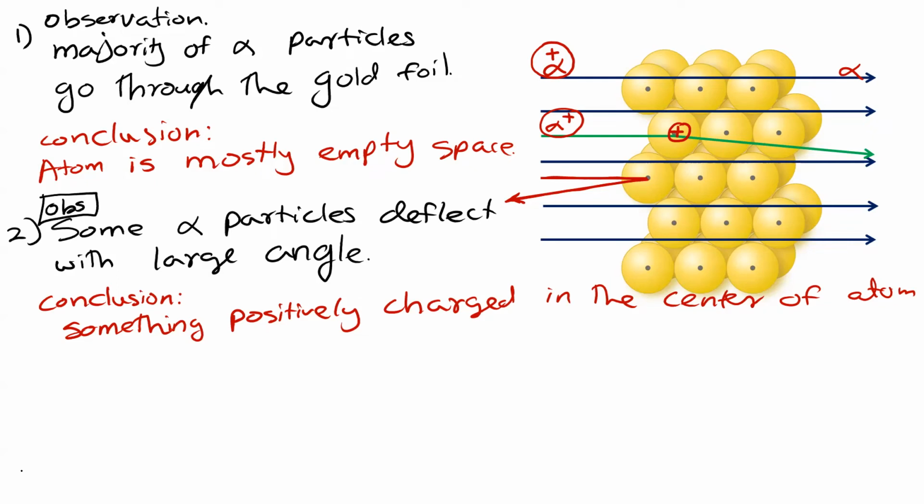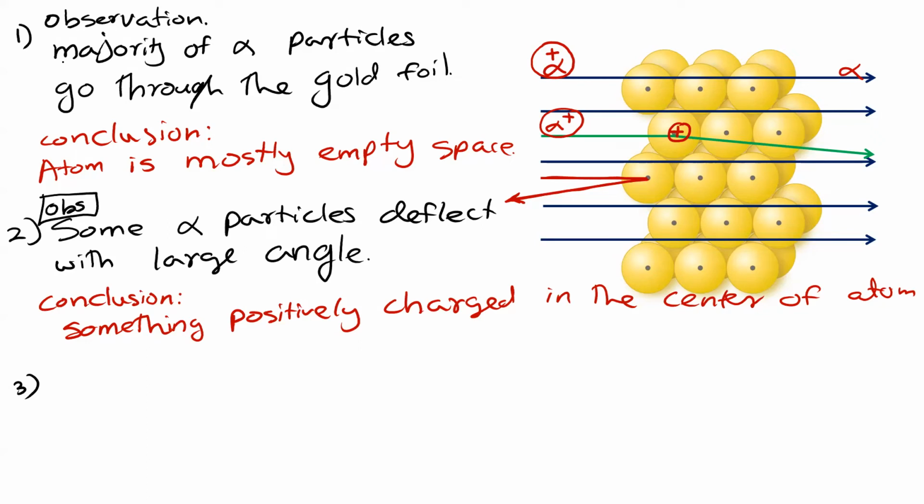I mentioned earlier that Rutherford found out alpha particle is not just a charge, it is also a particle. So it's like your ball hitting a wall, and the ball bounces back because the wall is solid.